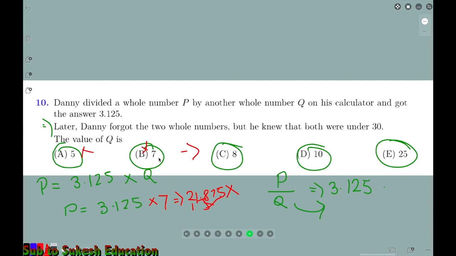Let's do C, 8. 3.125 times 8, we get 25. We got a whole number here, so let's try it out. 25 divided by 8. And yes, we do get 3.125. So therefore, the answer is 8.